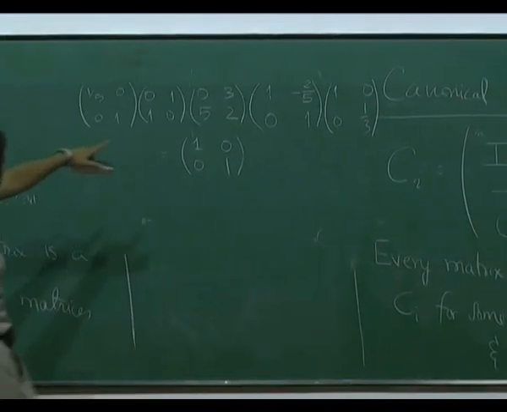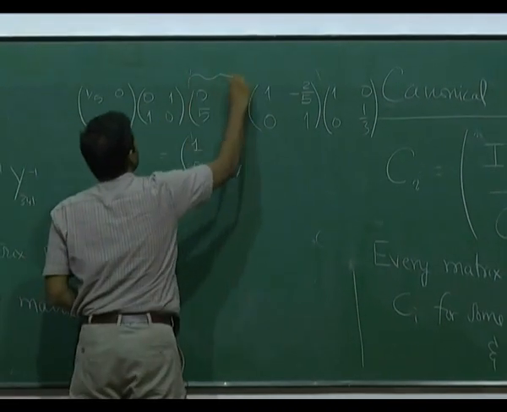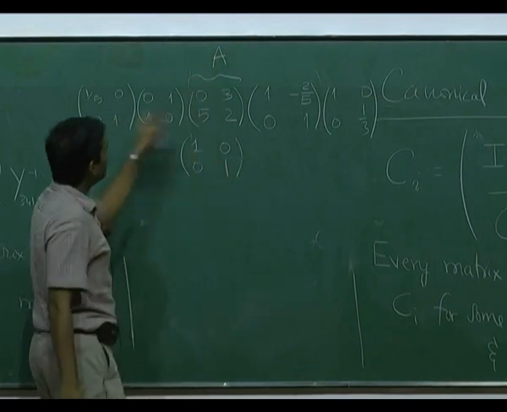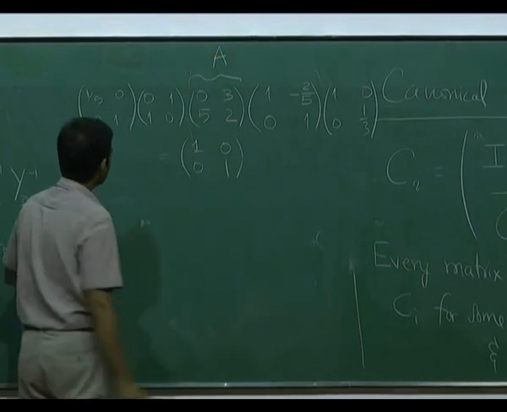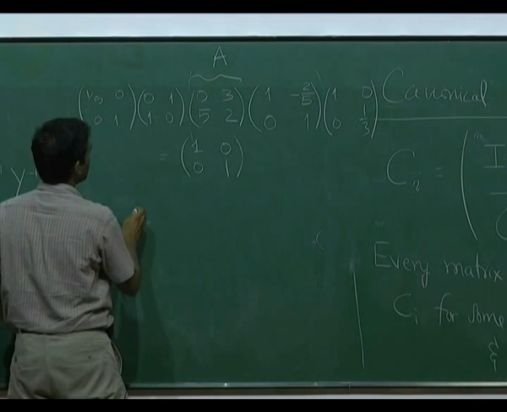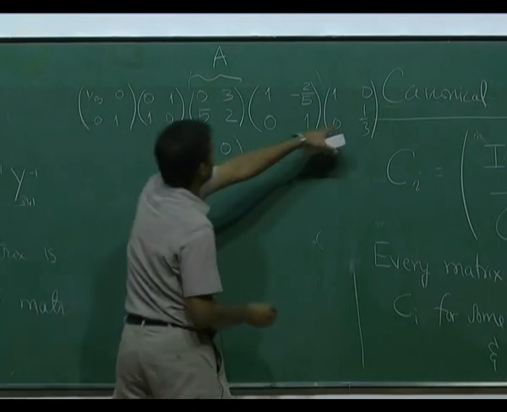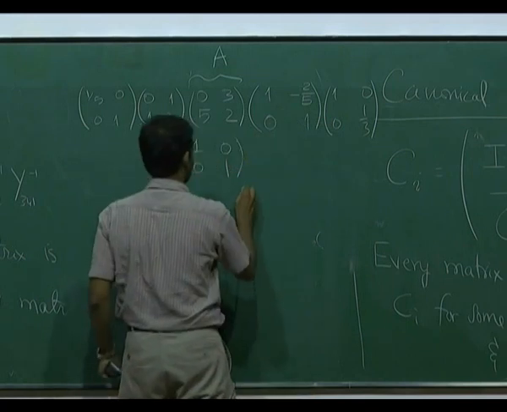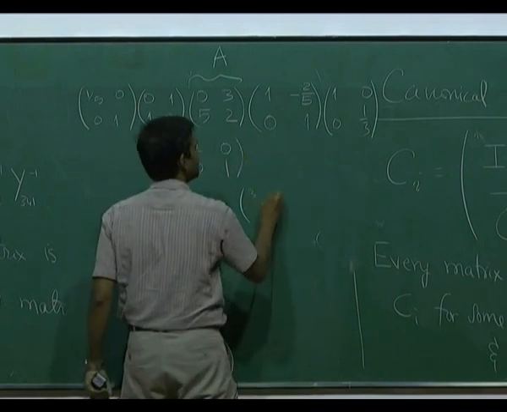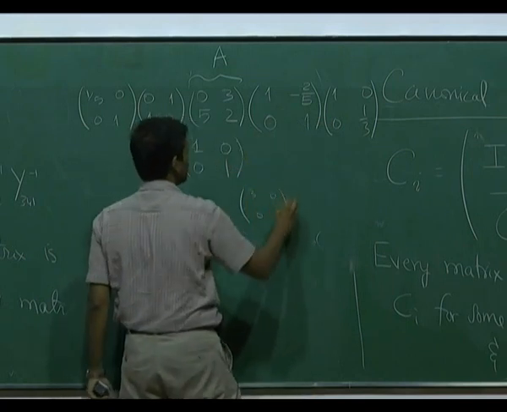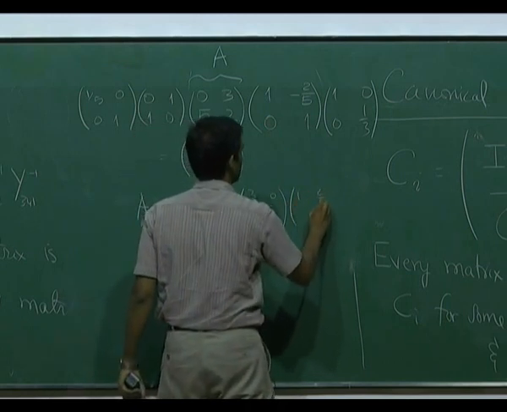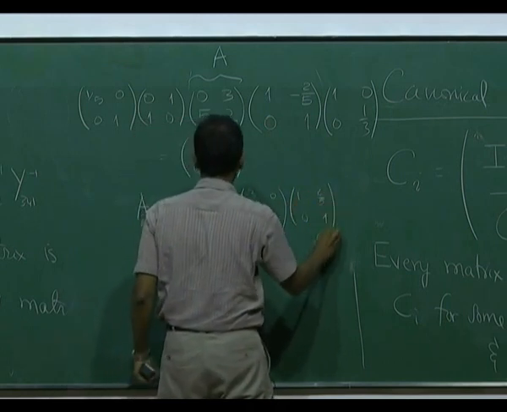So this original matrix A, which I started off with, satisfies this identity. In other words, A can be written as, first I will write this inverse, then I will write this inverse. So, this inverse is 3, 0, 0, 1. This fellow's inverse is 1, 2 by 5, 0, 1.